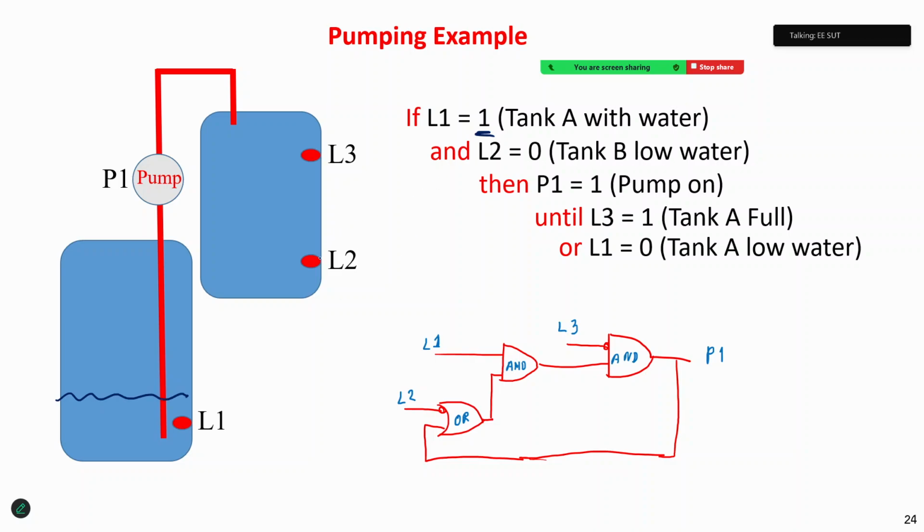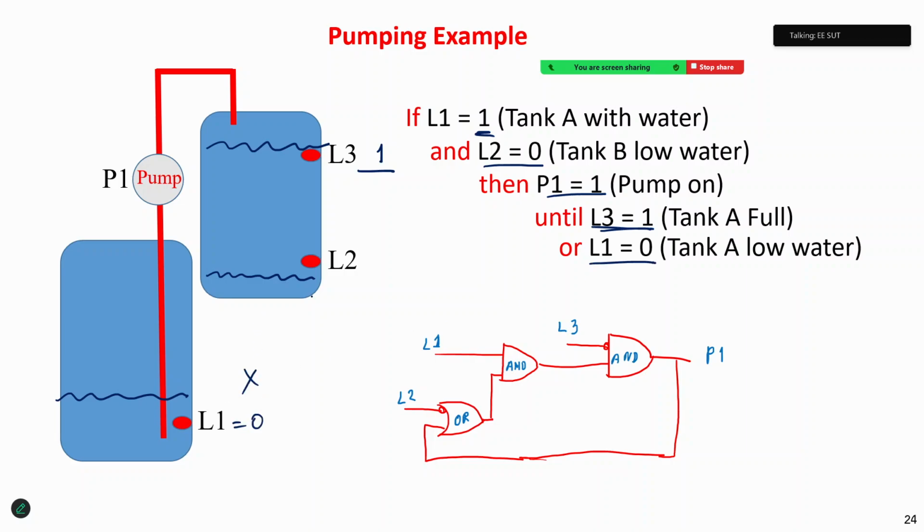And if L2 is 0, it means the water is below L2, then the pump is on. The pump stays on until the water reaches L3. If L3 becomes 1, the tank is full and the pump will be stopped. Or if L1 is 0, the pump is also off.